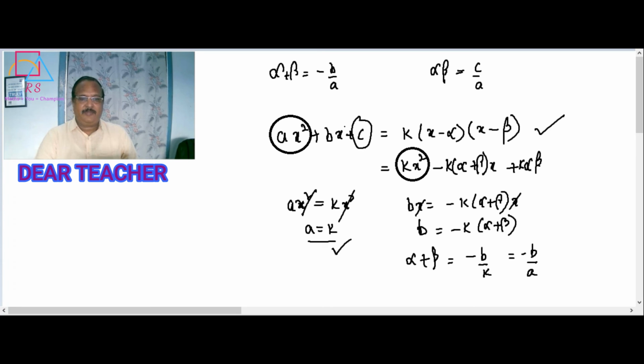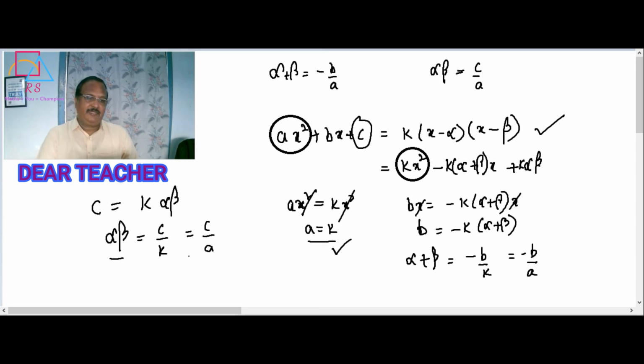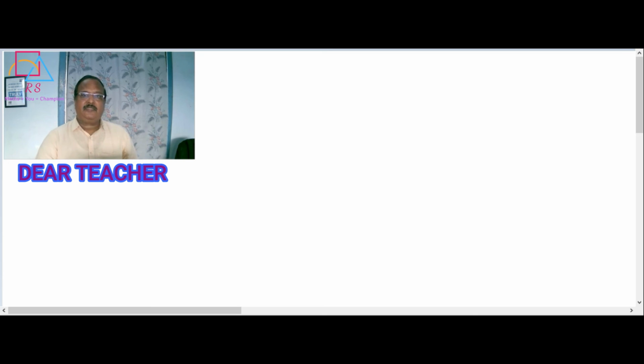The third term remains: c is equal to k alpha beta. So alpha beta is equal to c by k, and k is already a, so alpha beta is equal to c by a. This is a simple understanding of how we got these relations. Let us go to the next point. Here some exercise is given. For example, find the zeros.